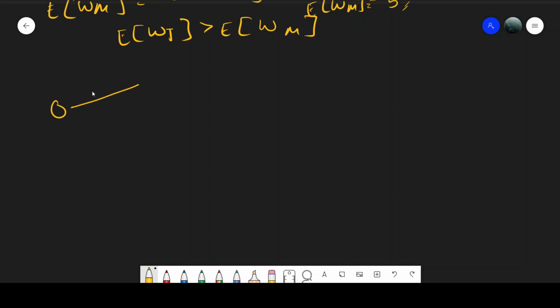The probability that John gets 10 minus x is p, and the probability that he gets minus x is 1 minus p. So p is the probability that he wins, and 1 minus p is the probability that he loses.